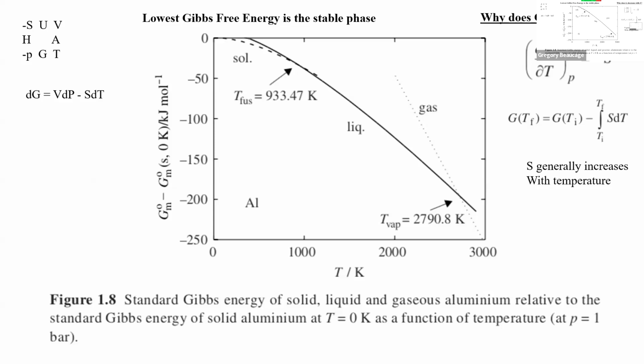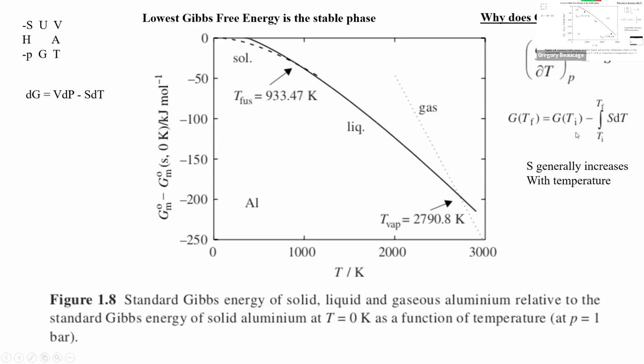So does the free energy decrease with temperature? This is a question. You can write dG = -S dT + V dP. And if you say dG/dT at constant P, that would be negative entropy.